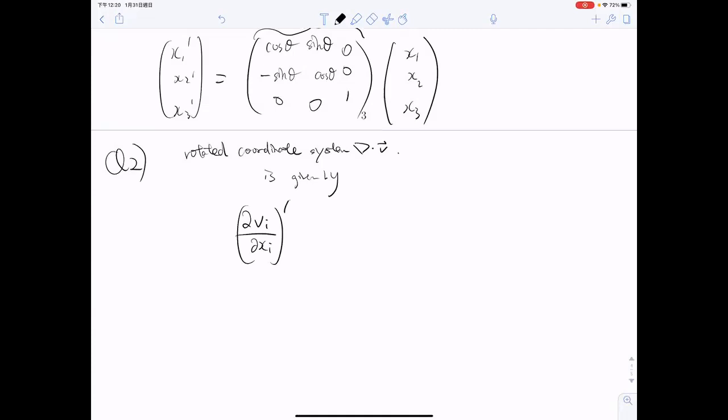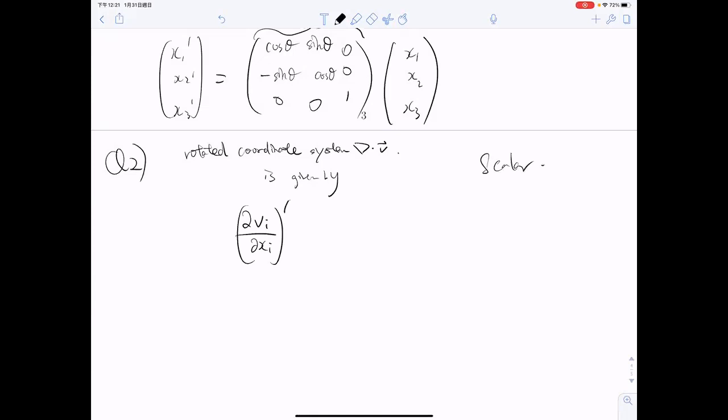Why do we use a rotated coordinate system? Because we want to show that it is invariant under a coordinate transformation. What do I mean? It's a scalar.